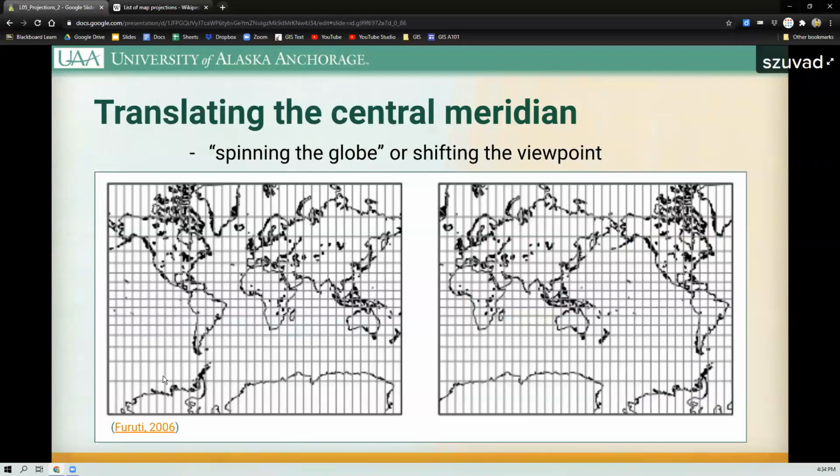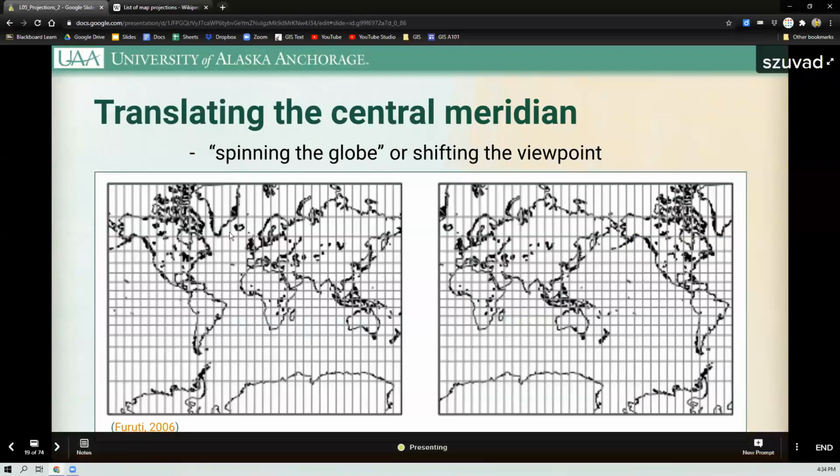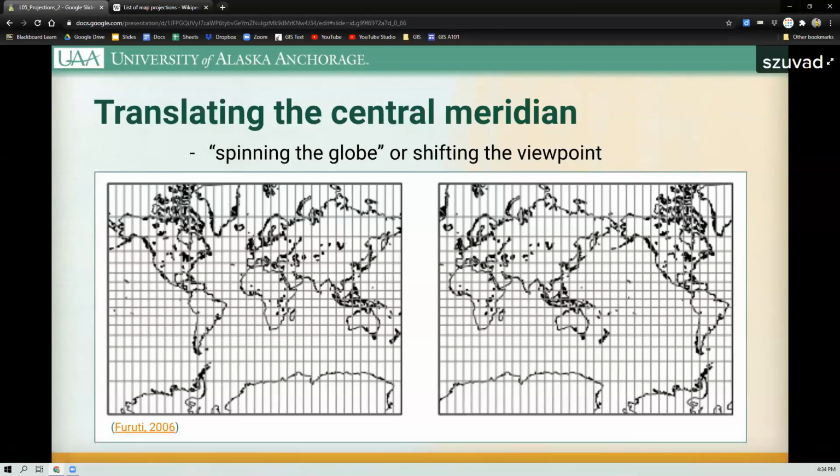You see a lot of world maps that look like the left side here, and as different powers move into more prominence in the world, you start seeing more maps that look like the right.